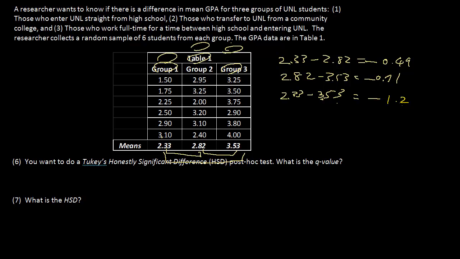So now I know the mean differences between group 1 and group 2, group 2 and group 3, and group 1 and group 3. So which mean differences are actually statistically significant? That's what we're trying to figure out with this HSD test.